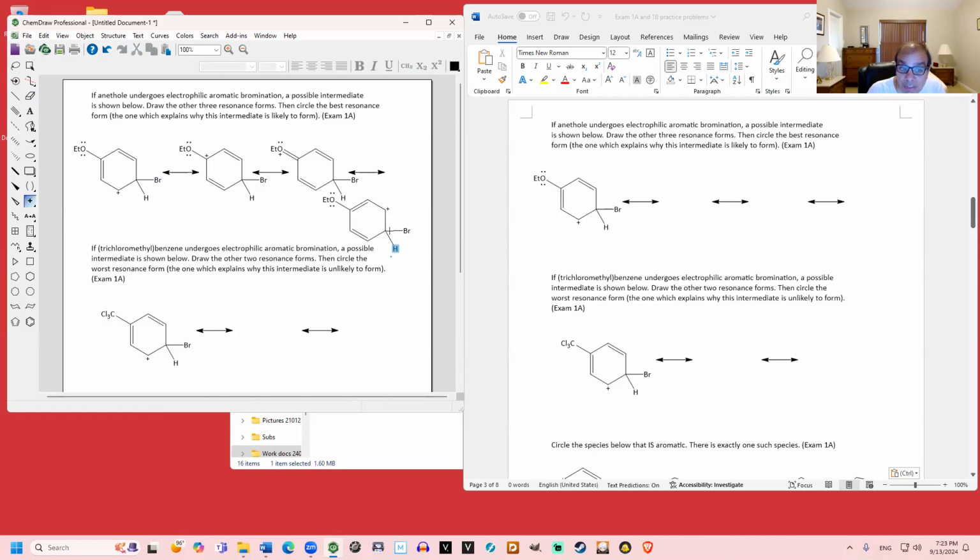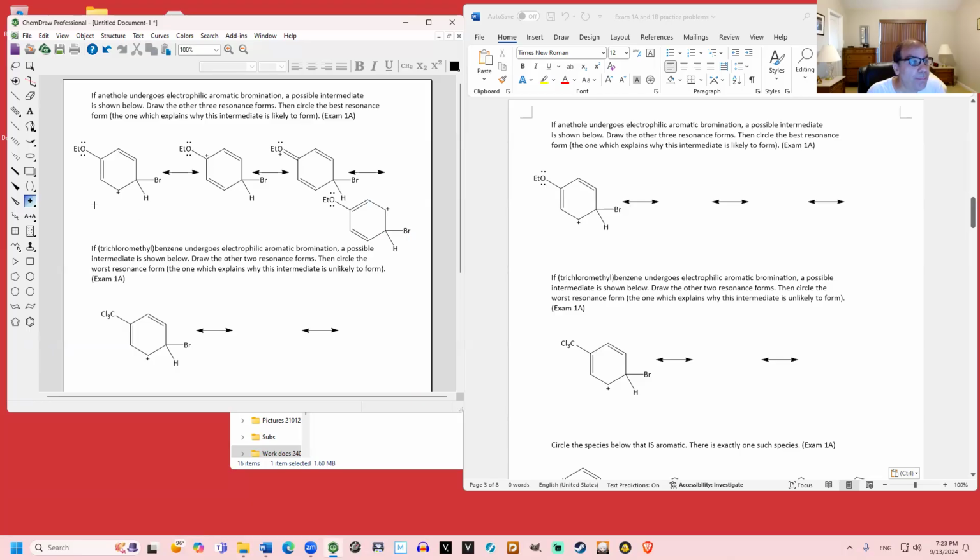Notice in no cases is the plus charge going to go onto the sp3 hybridized carbon. That's not possible. That one already has 4 bonds. It's not going to have a plus charge on it. So those are the 4 contributing resonance structures to the overall molecular orbital picture of the molecule.